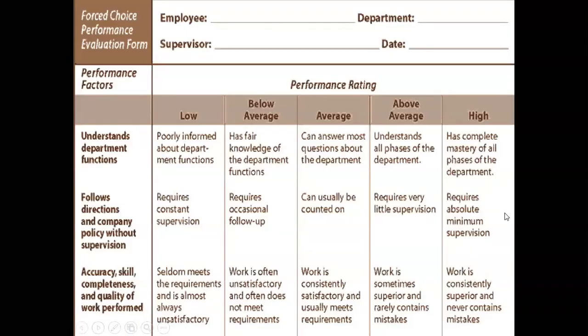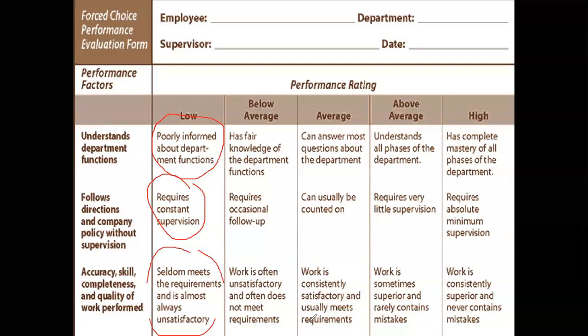that this particular format is basically a forced choice performance evaluation form, and this format has mixed types of responses. Mixed in the sense that some points are somewhat negative, like poorly informed about departmental functions, right? This one also requires constant supervision, seldom meets the requirement of the particular company.